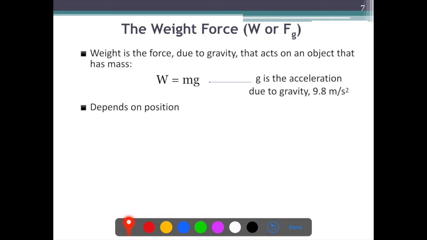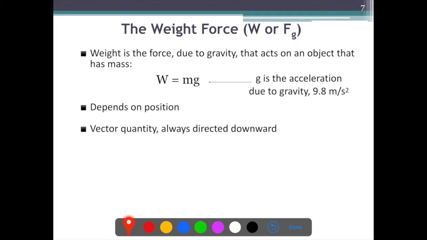Right, so weight force, because it depends on gravitational acceleration, depends on position. So for example, gravitational acceleration on the moon is different from the gravitational acceleration on the earth. And so the weight force will be different in those different locations.